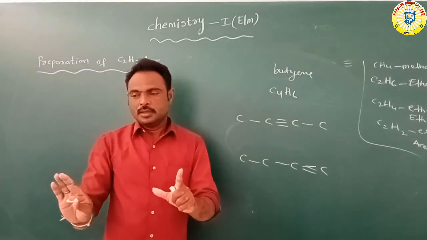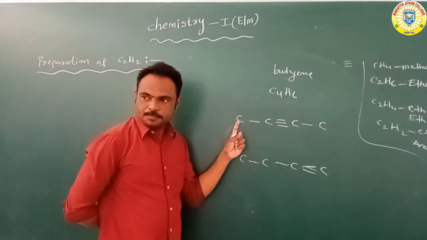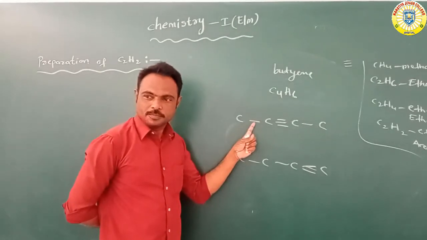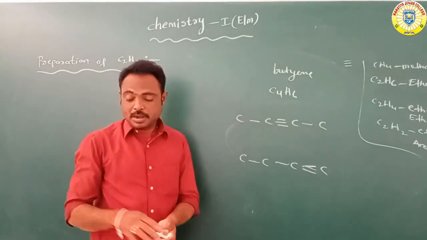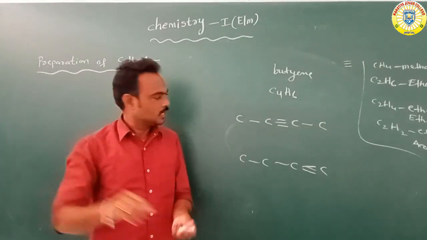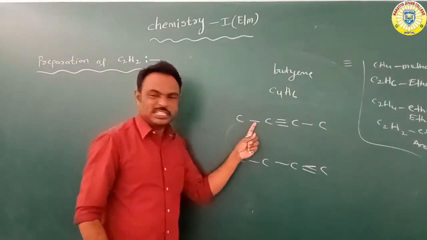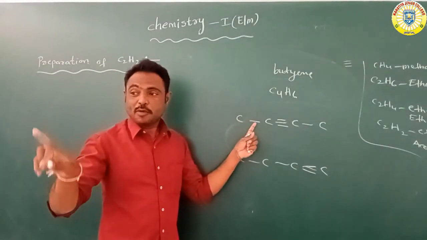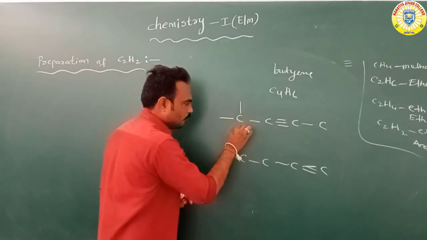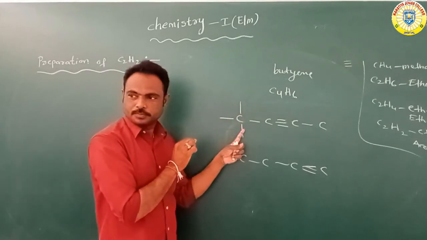Now suppose this carbon contains only a single bond. How many bonds remain? 3 remain, because each carbon must contain a total of 4 bonds. But this carbon contains only a single bond, so the remaining required is 3: 1, 1, 1. So carbon 1, 2, 3, 4.